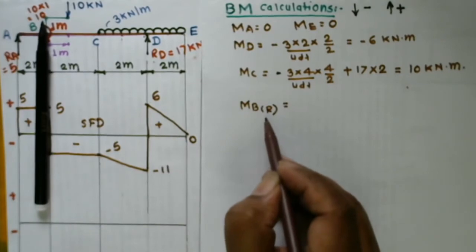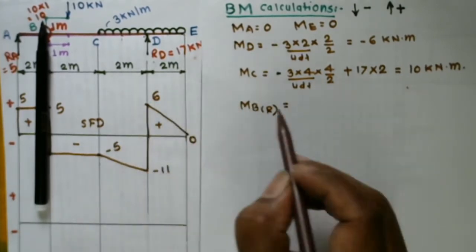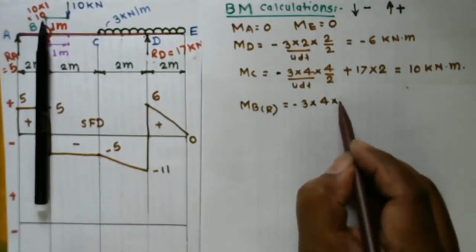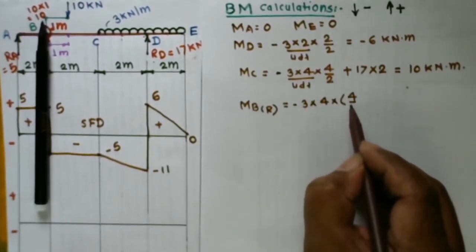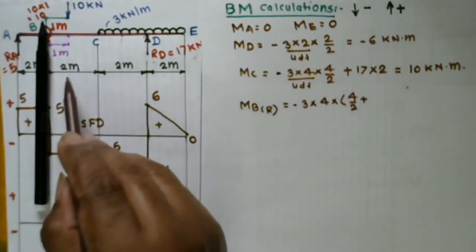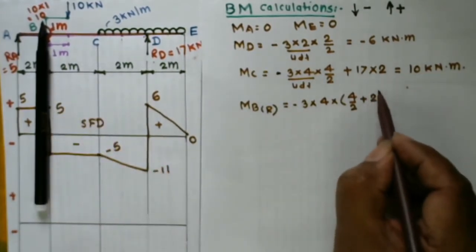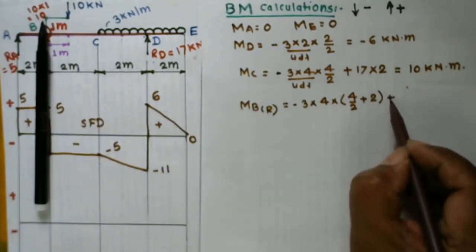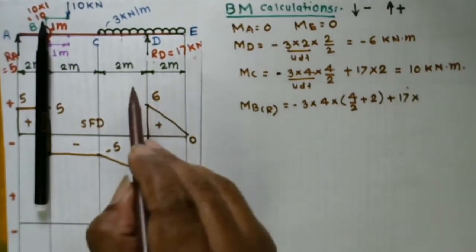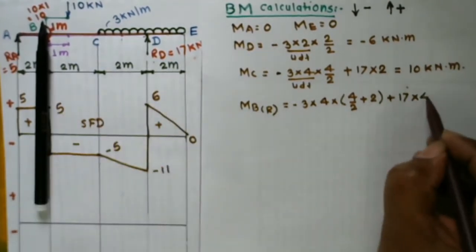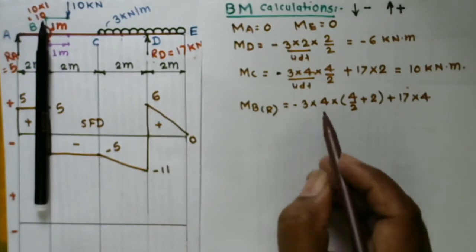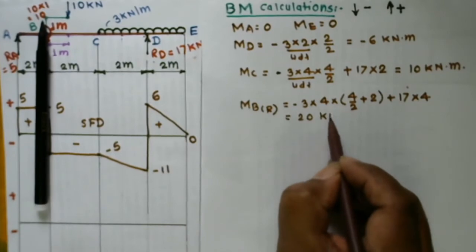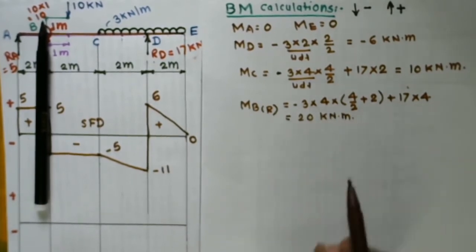So I am writing here R for the right side: minus 3 into 4 into 4 by 2, as it is acting at the center, and its distance up to the point C, again plus 2 meter, we have to add this 2 meter, plus 17 into its dimension up to this point B, which is 4. So in that case you will get this answer 20 kilonewton meter, which is again positive.